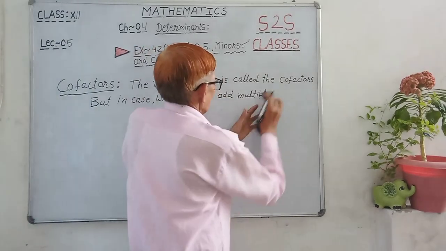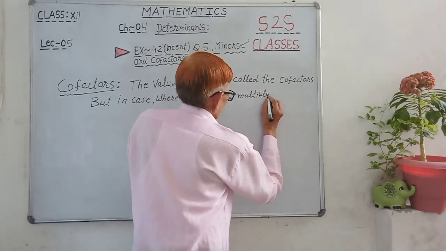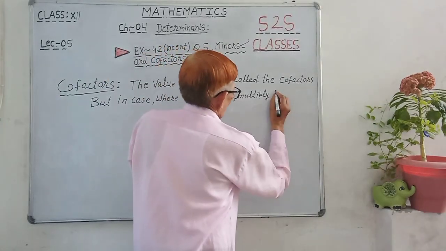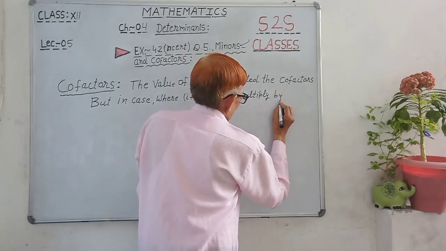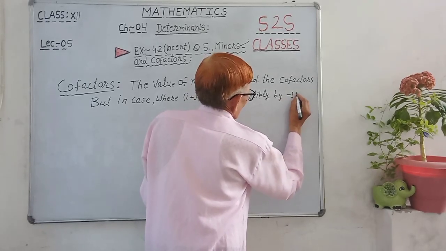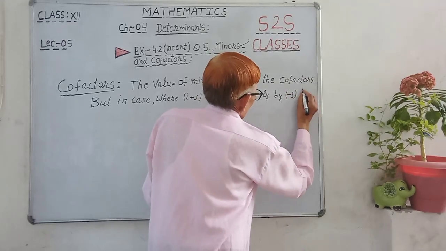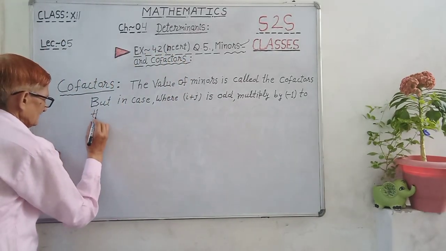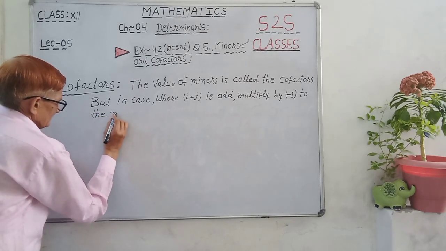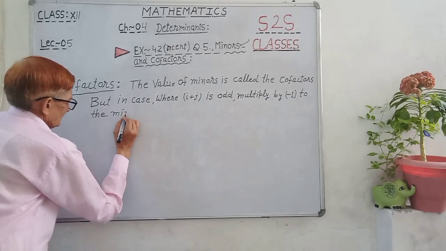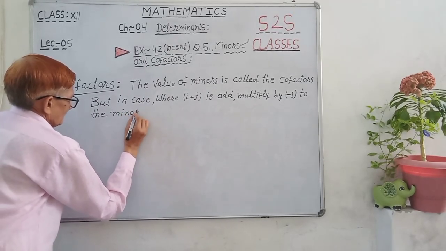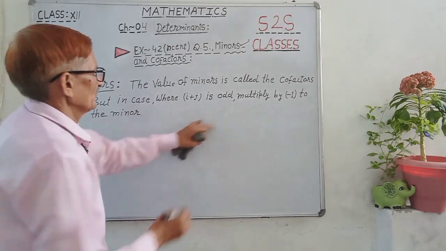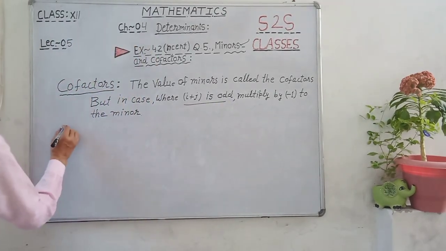Multiply by -1 to the minor. The cofactor is the negative of the minor in case i plus j is odd.